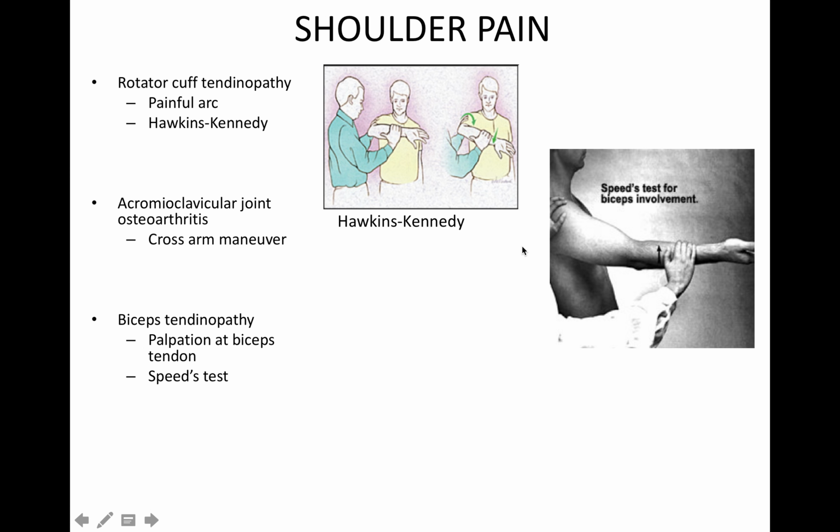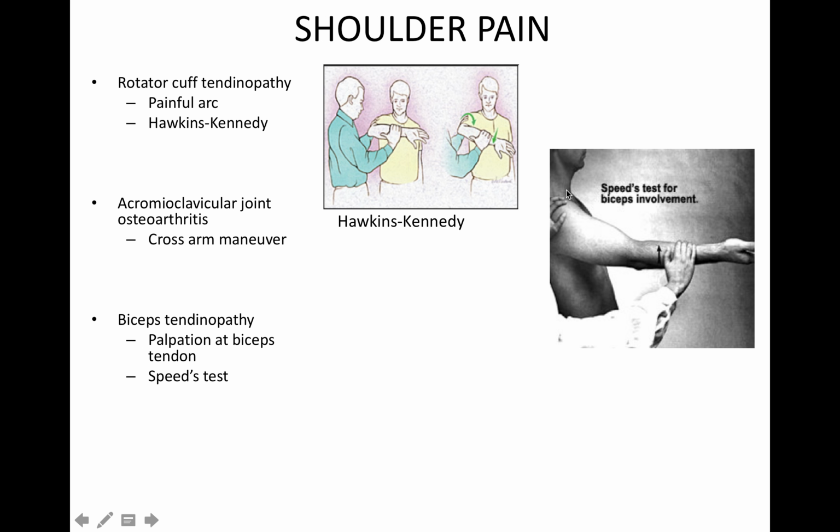Biceps tendinopathy, you will see at the insertion site for the biceps tendon along the head of the humerus here. And you'll learn this in more detail when you do the advanced maneuver session with musculoskeletal exam.